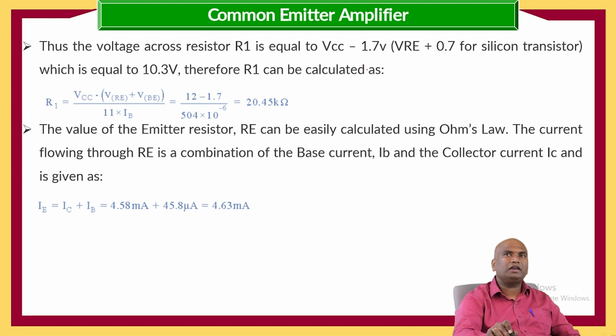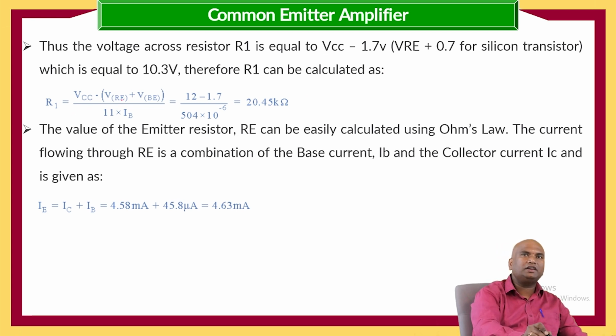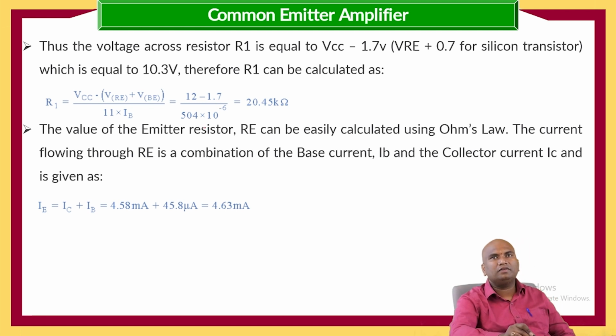Therefore R1 equals (VCC minus (VRE plus VBE)) by 11 into IB. So 12 minus 1.7 by 504 into 10 to the power minus 6 gives us the value as 20.45 kilo ohms.